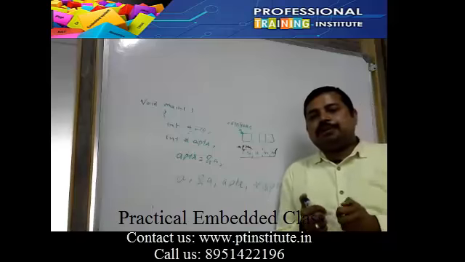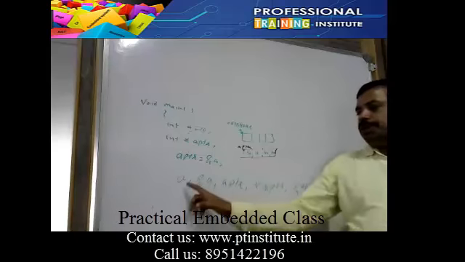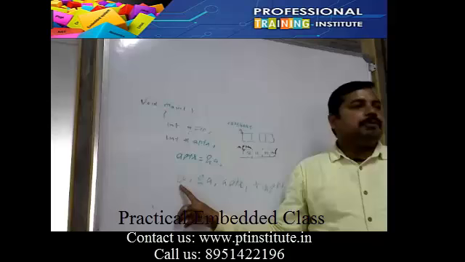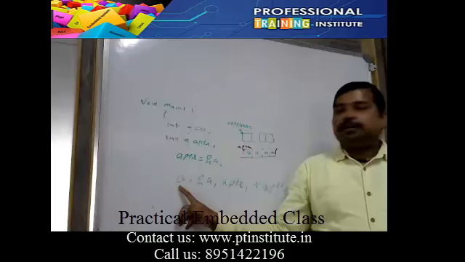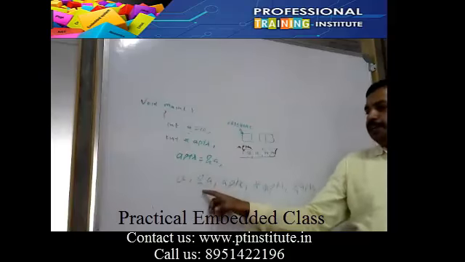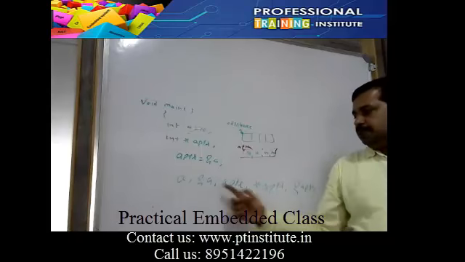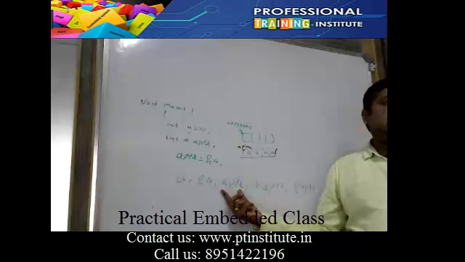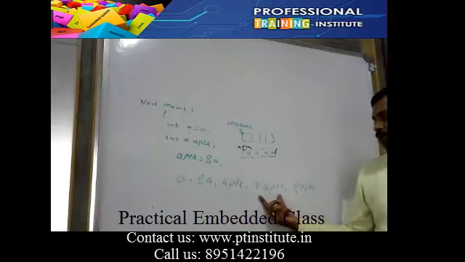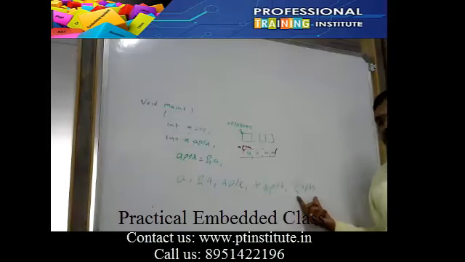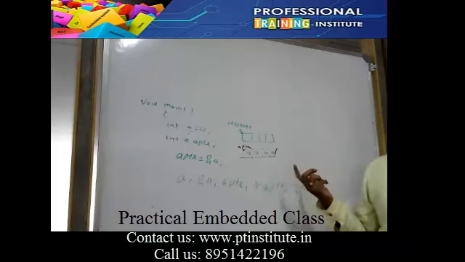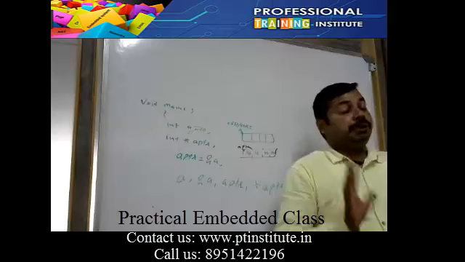So when we print the following, what will print a print? 10. When we print the address of a, what will it print? 0B10. When we print aptr, what will it print? The address. Very good. We dereference aptr: 10. Very good. Address of aptr, some address. Very good. I am happy.